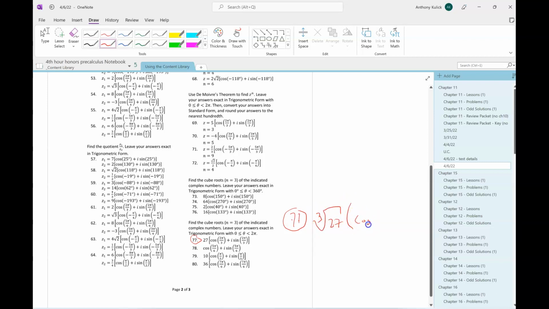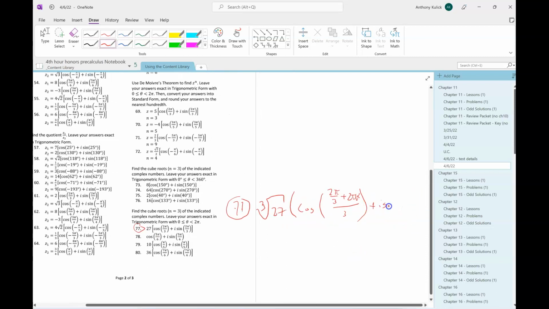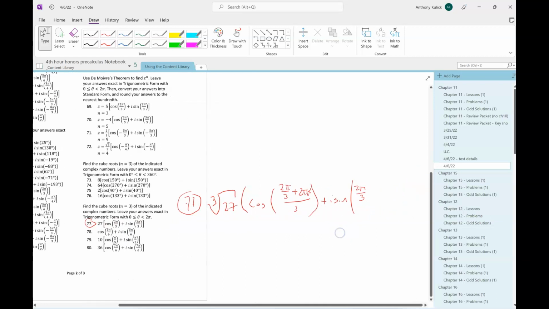I have cube root 27 cosine of 2 pi over 3 plus 2 pi k over 3 plus i sine, and then I'll copy it the same way. Now this is kind of gross looking because I have fractions inside of fractions, but that's fine. I'm just going to leave it this way and we'll clean it up in a minute.